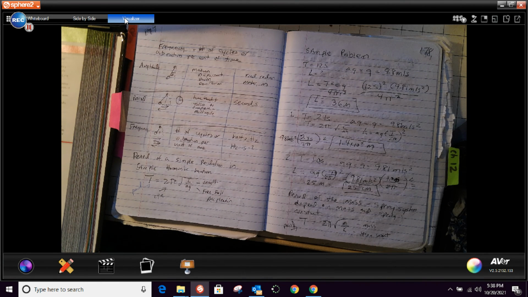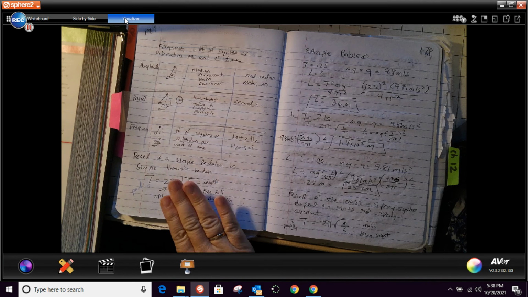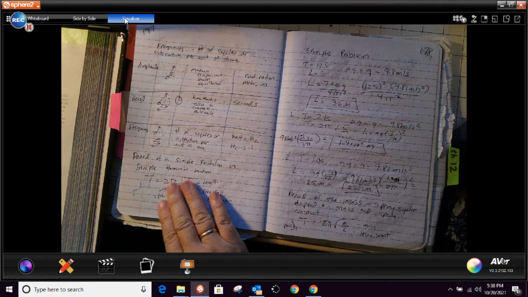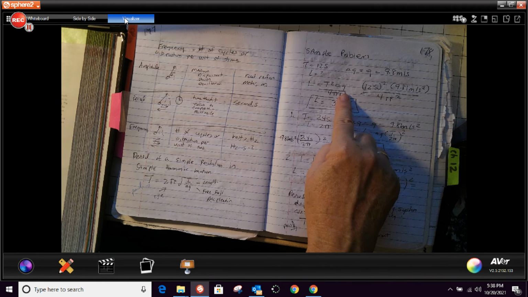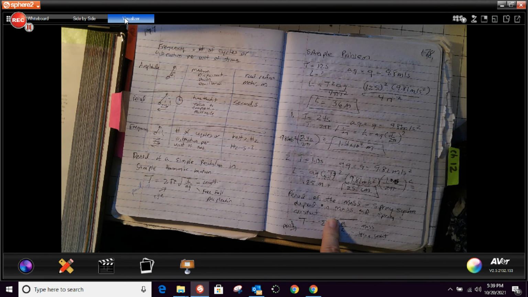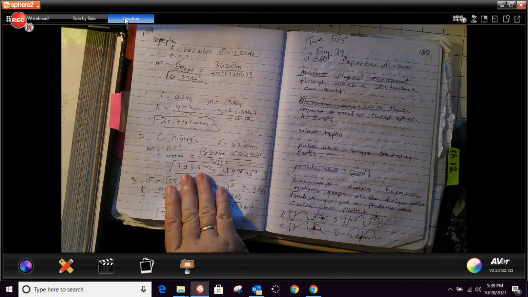So that is the formula that you use for your sample problems, which were on page 377. So on 377, if you need to look at that again, there are videos showing you how to do the math for those 4 questions on that page.